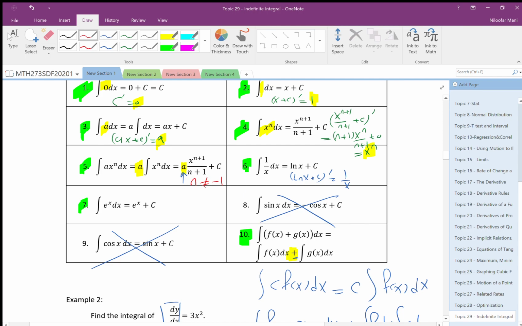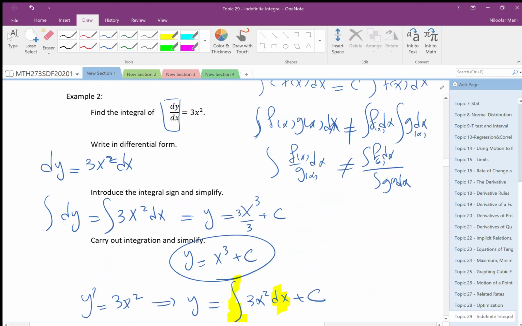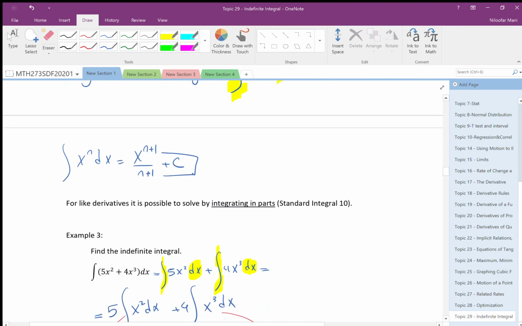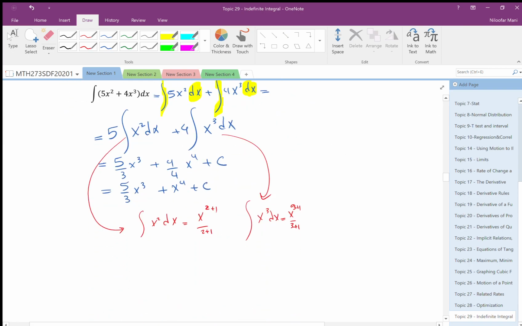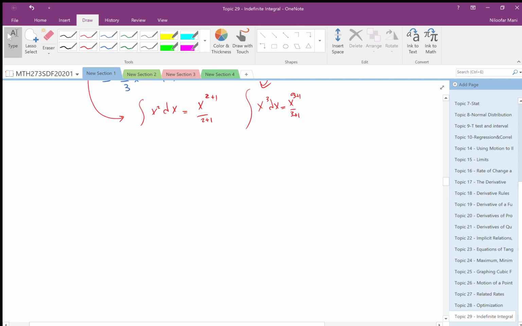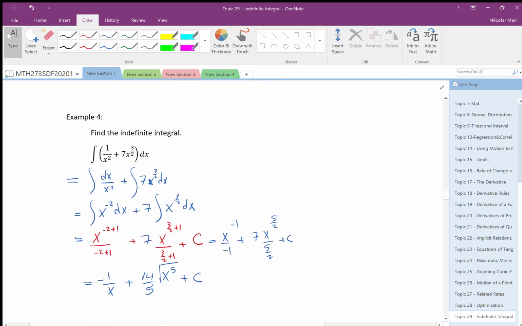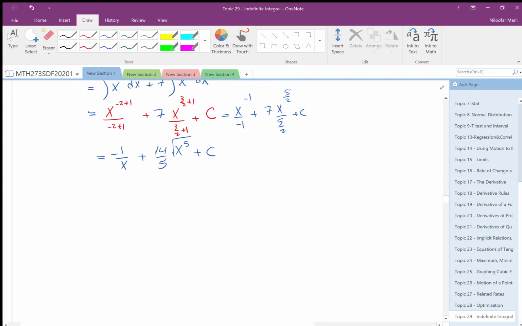How about n equal minus 1? If I have x power minus 1, this is 1 over x, which is ln. I didn't say it earlier because we don't see it unless it appears in our example.